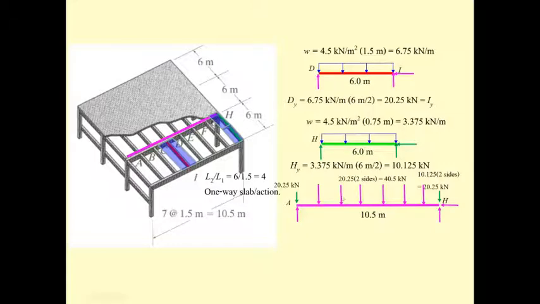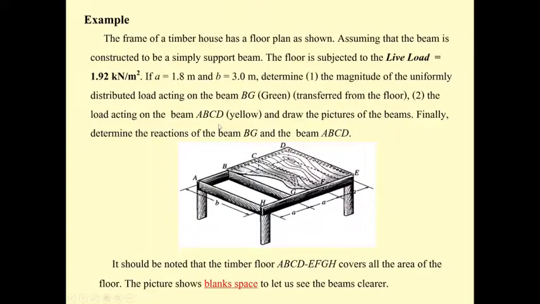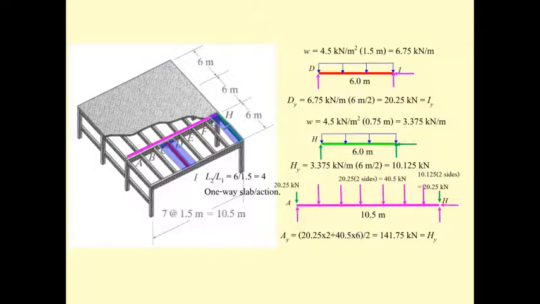So it's going to be like this: 20.25 times 2, that means the grid, and then we have a total of 6 pink beams. That is 6 times 40.5, and then the total divided by 2. We get the force of 141.75 kilonewton, transferring to the column at A and transferring to the column H. Okay, that's quite a simple one.